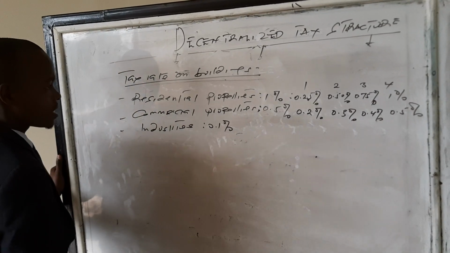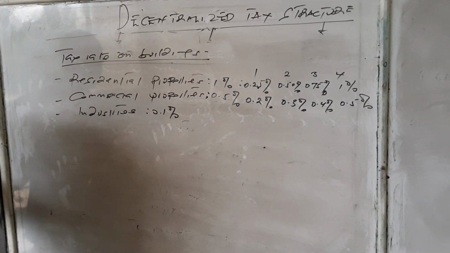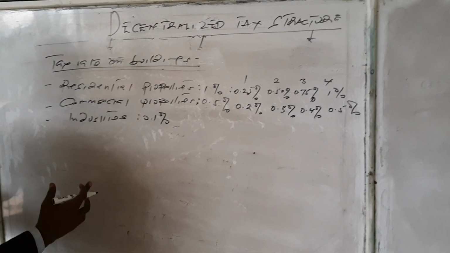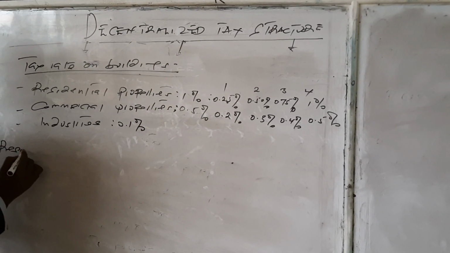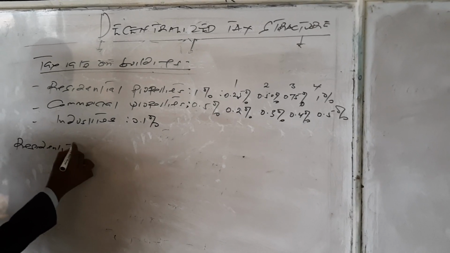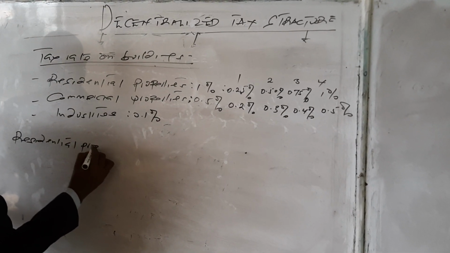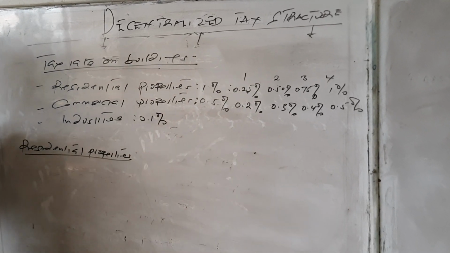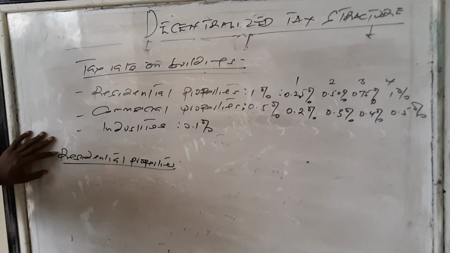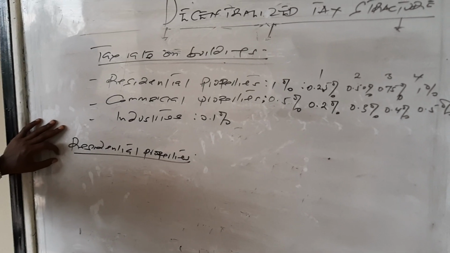Now let us look at how each is computed. Let us start with residential properties. In this case, there is an exception.